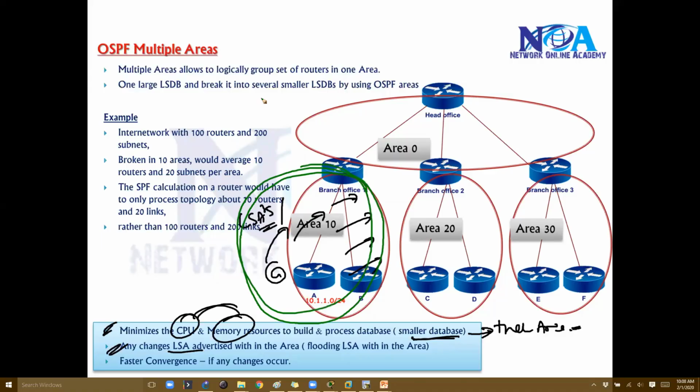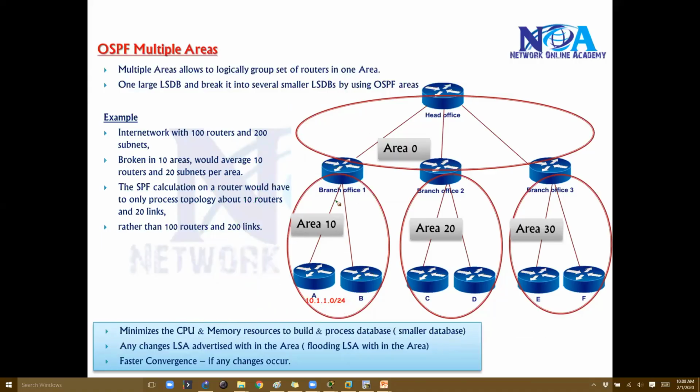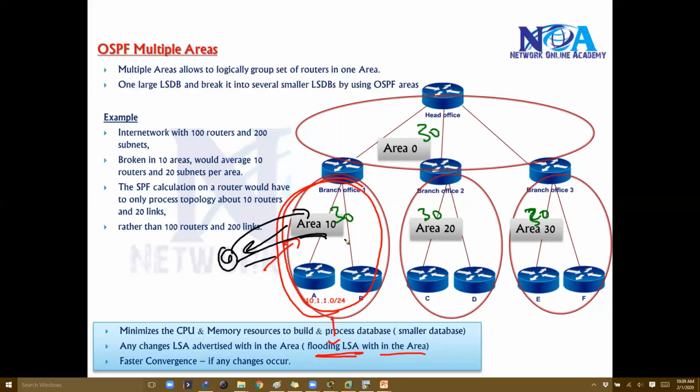If you have hundreds of routers and I'm grouping 30 here, 30 here, let's say, the advertisements will go only to the routers within that particular area, so only to those 30 routers. The flooding of the advertisements will be restricted within that area. If any change occurs, the advertisement has to be sent to only these 30 routers, so it is going to provide you faster convergence.